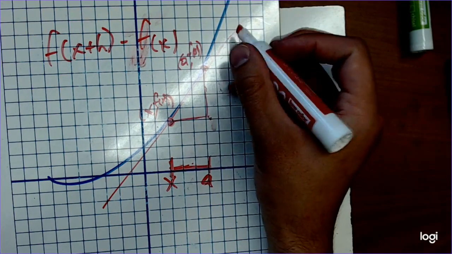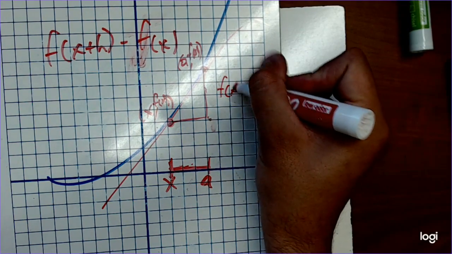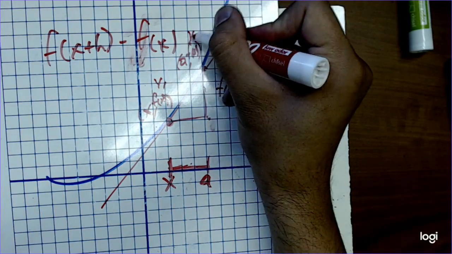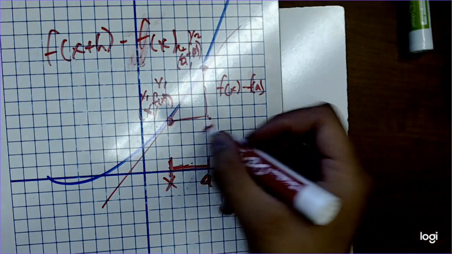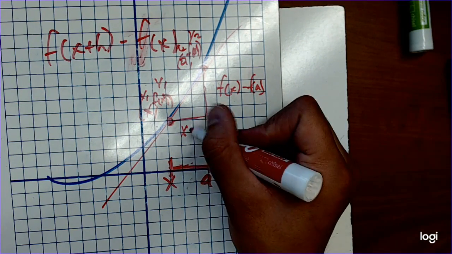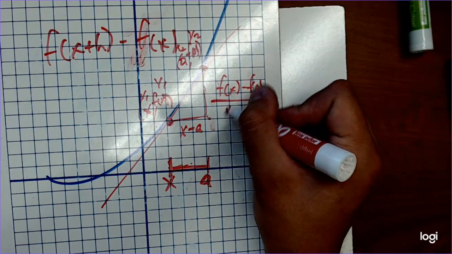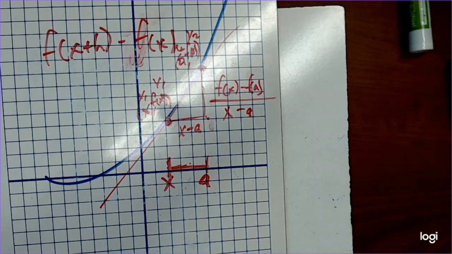My y1 minus y2 becomes f of x minus f of a, because this is y1, this is y2, this is x1, this is x2. If I do x1 minus x2, then I have x minus a. So now my derivative is going to be f of x minus f of a over x minus a. So it's just a different way to reason it.